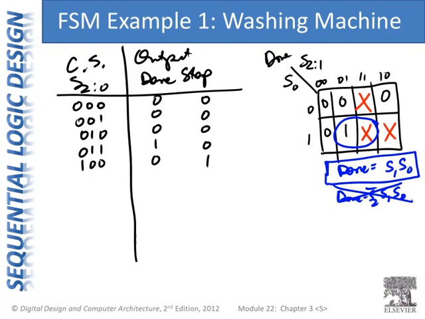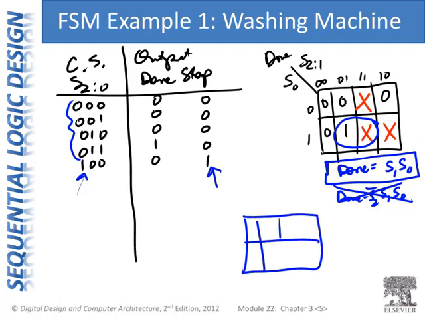I mean, you can almost see too from this is that whenever S2 is 1, stop is going to be 1. Because there's no other used state where S2 is 1. We'll also see this from the K-map, so let's go ahead and put it in there as well.